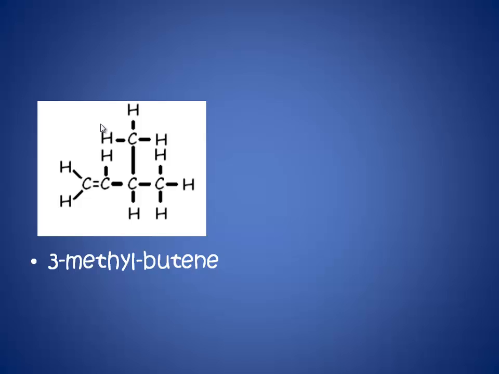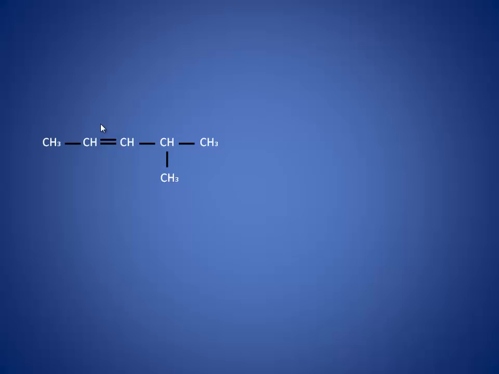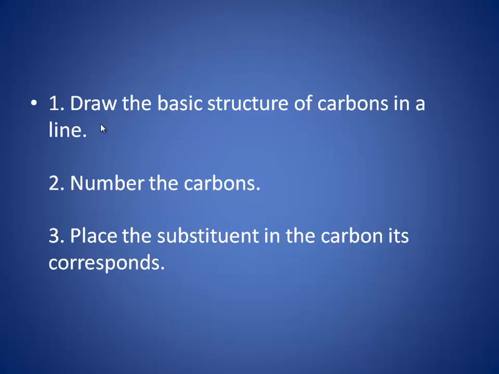And in this situation we don't need to put the number 1 because it's the smallest number for the double bond, so we just put methylbutene. We have another example. Here we have 5 carbons in the longest chain and 1 substituent. The name of this compound is 4-methyl-2-pentene.